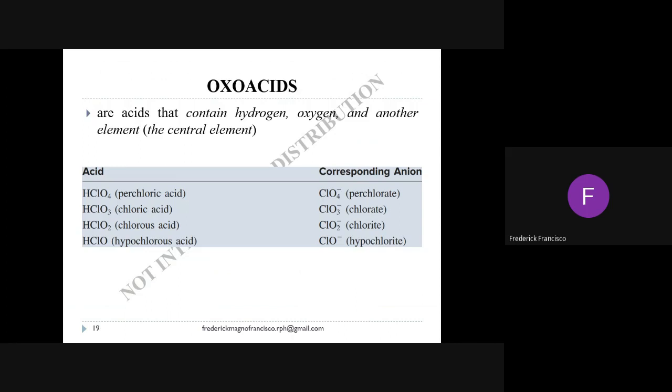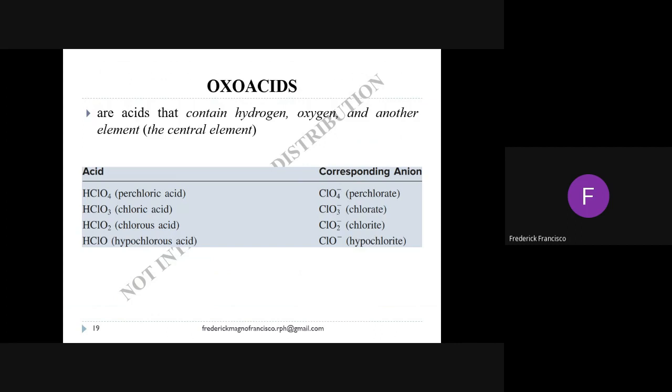Oxoacids are acids that contain hydrogen, oxygen, and another element, the central element. The formulas of oxoacids are usually written with the hydrogen first, followed by the central element and the oxygen.